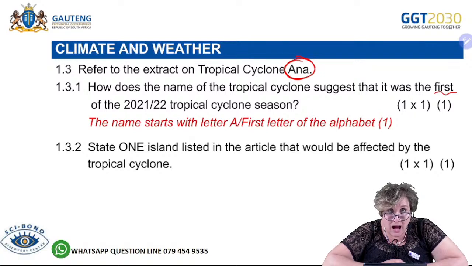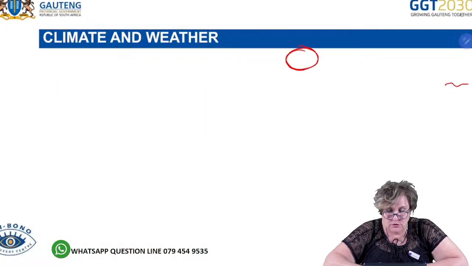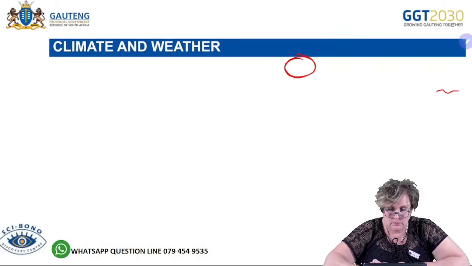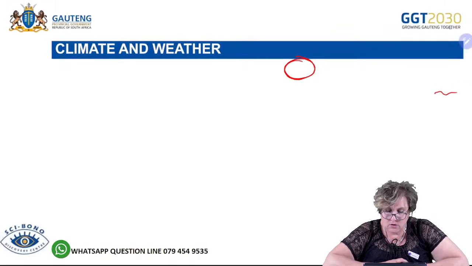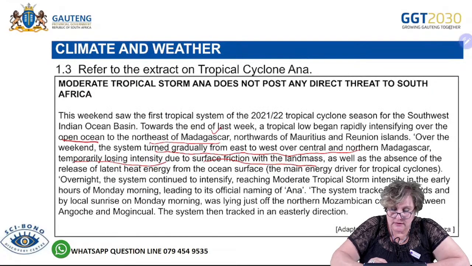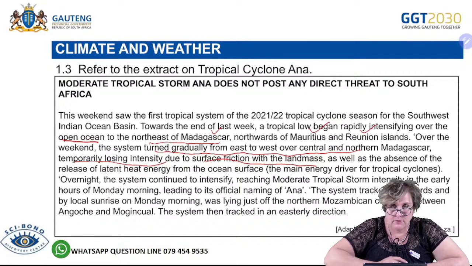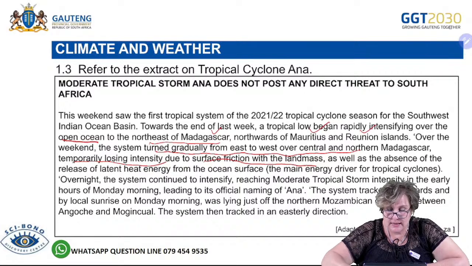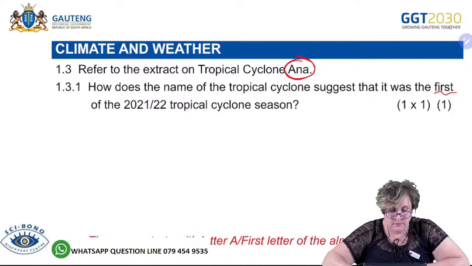State one island listed in the article that would be affected by the tropical cyclone. So if we go back to the article, there's the article. Which islands will be affected? Now, I've got Madagascar, I've got Mauritius, and I've got Reunion Islands. Let's go back to the question.